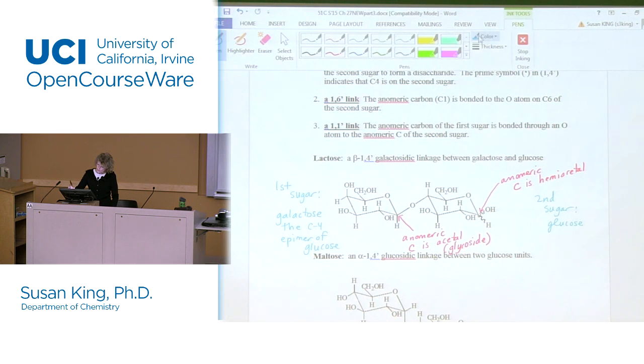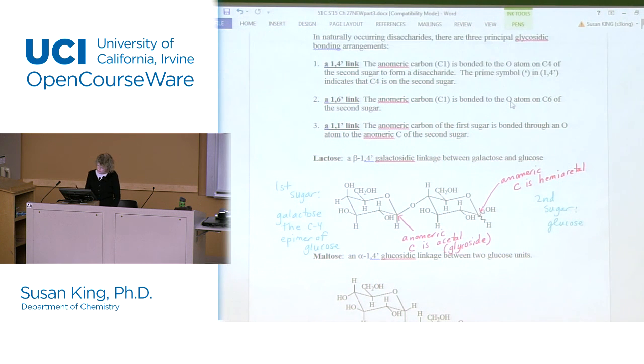And notice here that this carbon right here, the glycosidic carbon, is that alpha or beta? It's beta, right? So this is beta. And so sugar number 1 is bonded to sugar number 2 through the oxygen on carbon number 4. 1, 2, 3, 4, right?